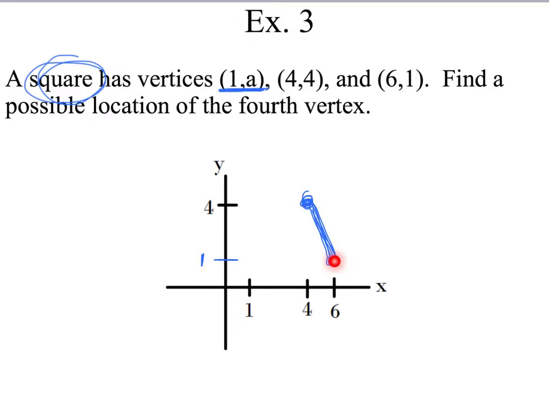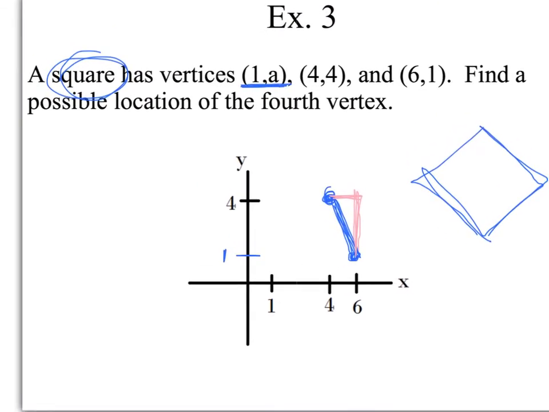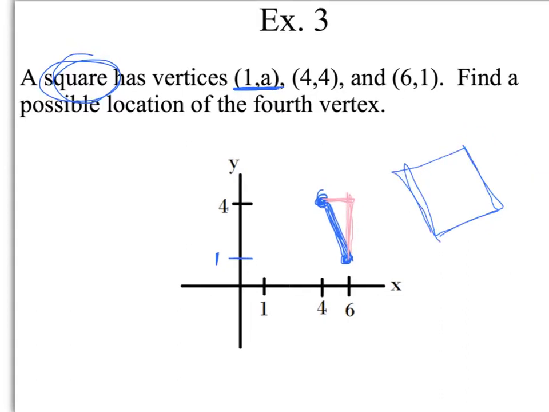So now let's try to get a little bit clever here. I know that in a square, ultimately if I knew what my square looked like, let me just draw a little mock. If I had my square, let's pretend it looks like this over here. All right, so this square, can I move just this square? And I can't.